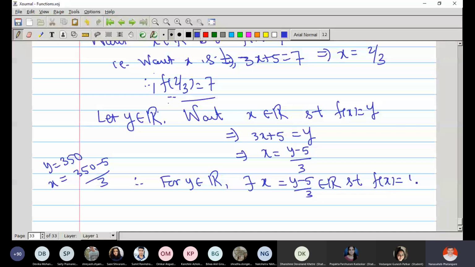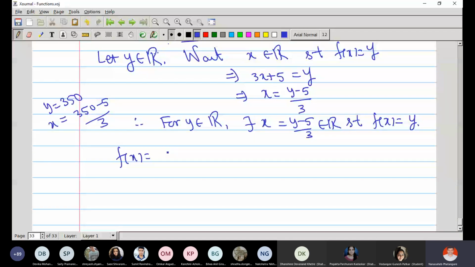Now check that this is a correct pre-image. f of x, what is x? y minus 5 by 3. Does it give us y? What is f of x? f of x is 3x plus 5.